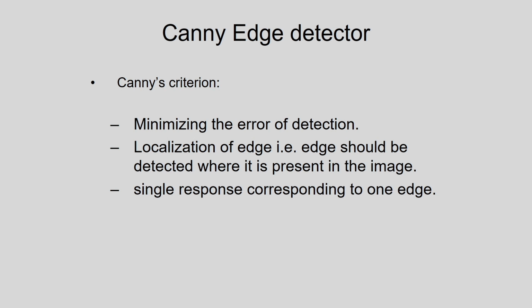Now I will discuss the main steps of the Canny edge detection technique. The first step, step number 1: first I have to blur the image with a Gaussian function.